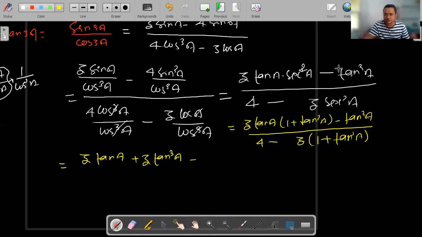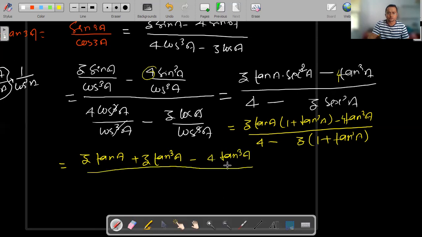So wait a minute. 4 should be there, na? Because this 4 is there, na? Sine cube A divided by cos cube A. So sine by cos tan. So there should be 4. Okay. So 4 actually I have not written. So you write here 4 tan cube A. Clear?